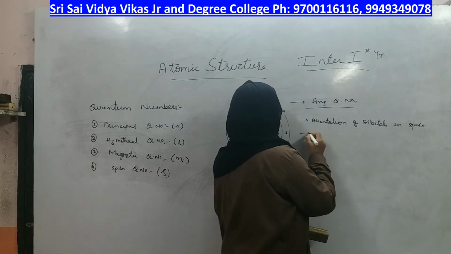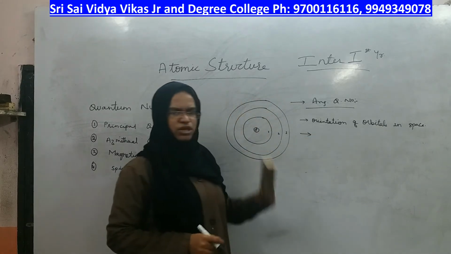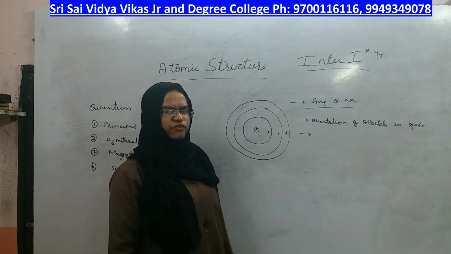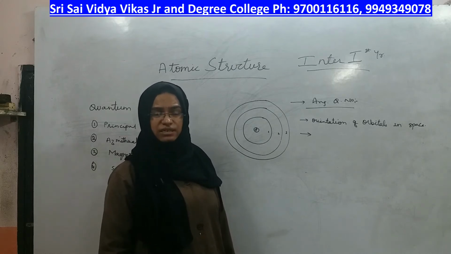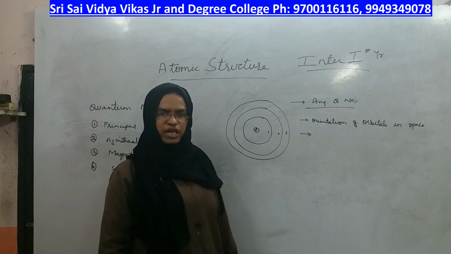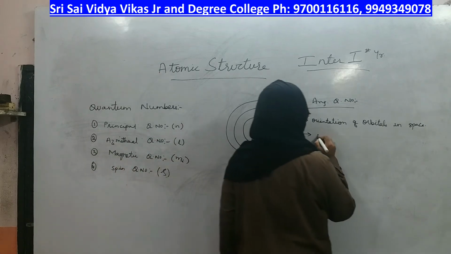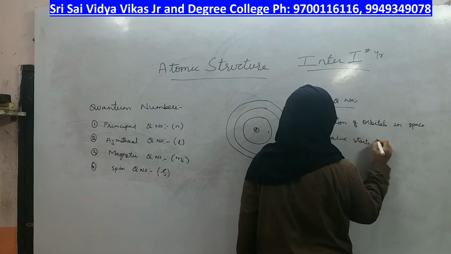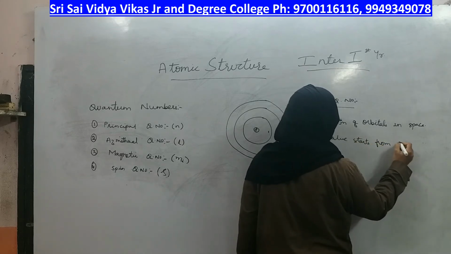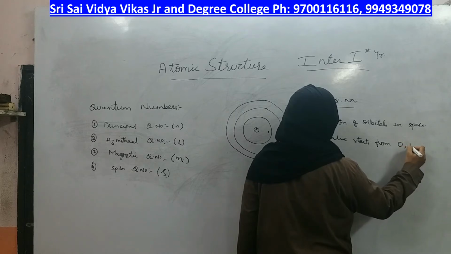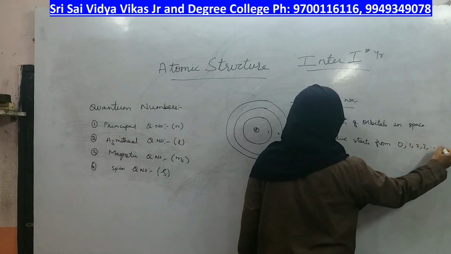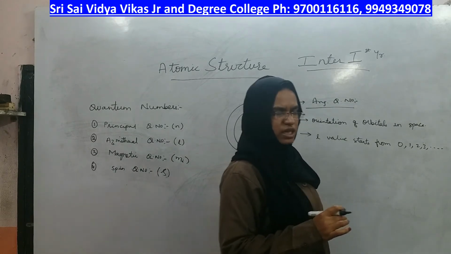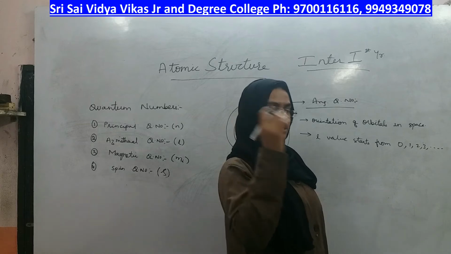So what you have to know now is, by knowing the principal quantum number you can determine the angular momentum quantum number, I told. If n starts from 1, the L value starts from 0, 1, 2, 3, and the maximum L value can be 1 less than the n value.